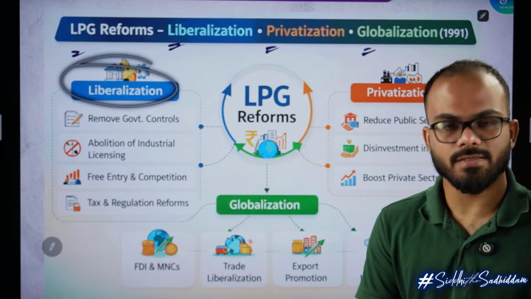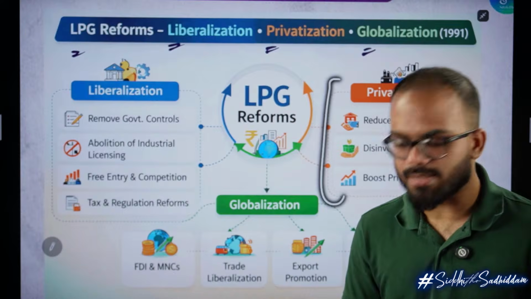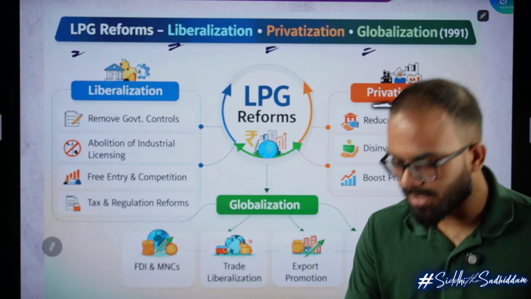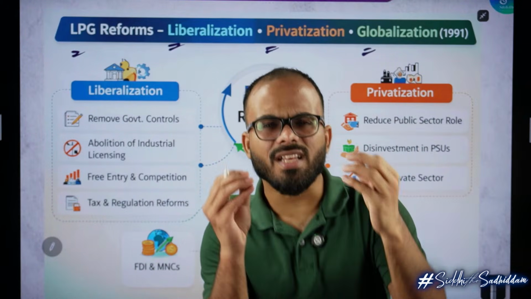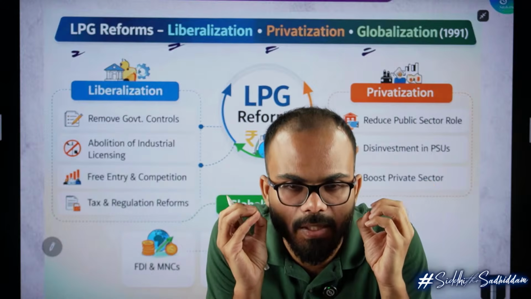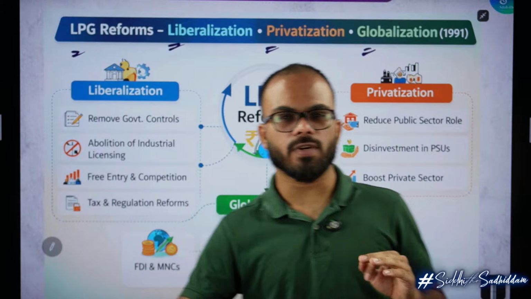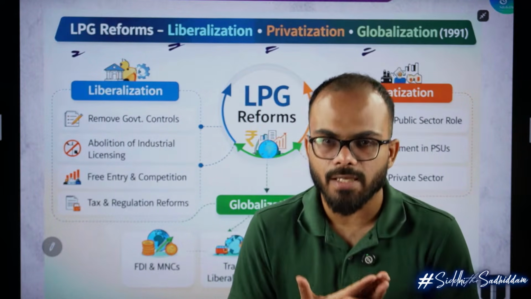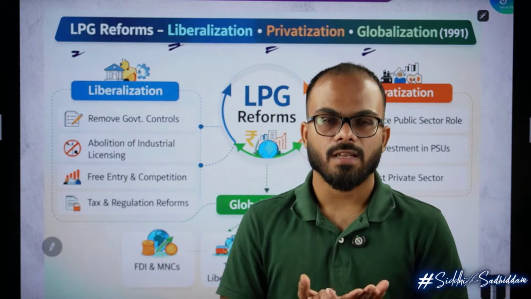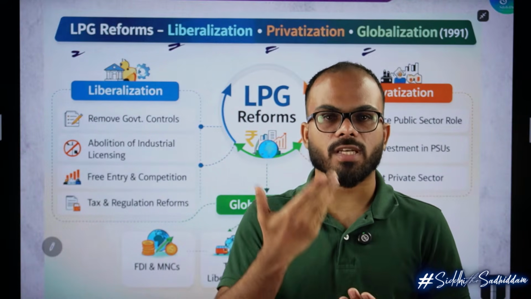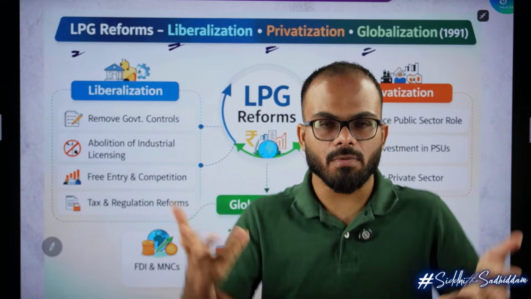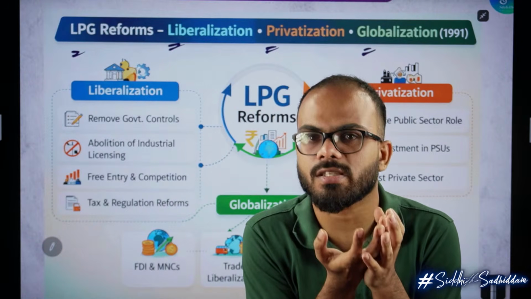Then you have privatization that happened. Privatization as in you stop entering into certain things. Government, please don't do certain things. For example, the government of India at that point was manufacturing bread. We were maintaining hotels. We were manufacturing watches. So what the IMF said is, please don't do all these things.